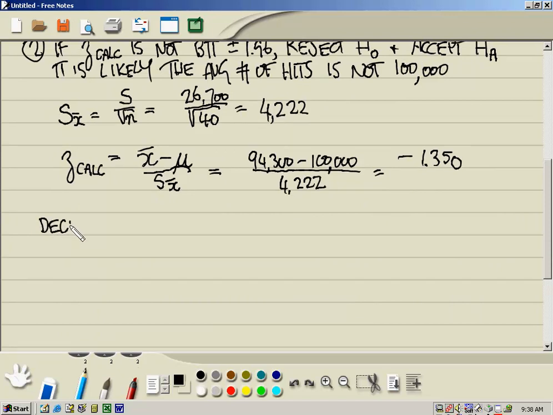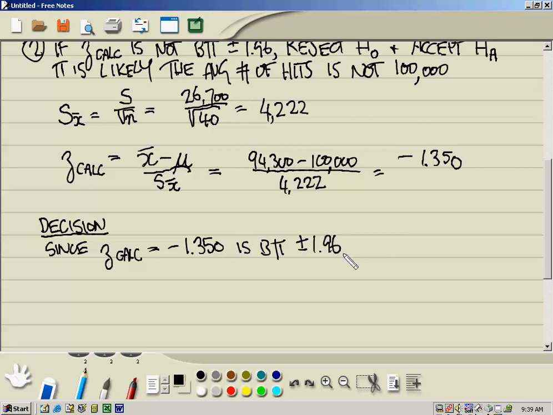So decision, since z-calc is equal to negative 1.350, and since that is between plus and minus 1.96, the critical values, do not reject the null.